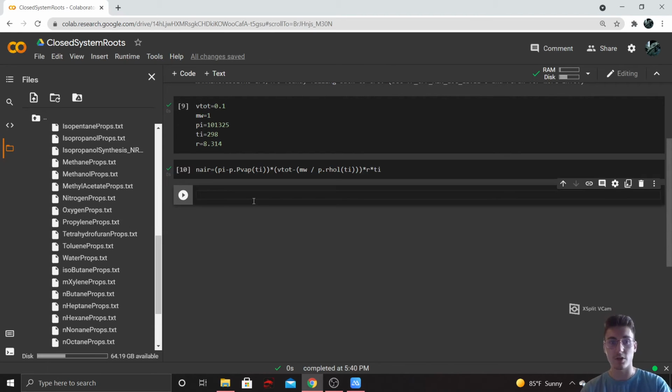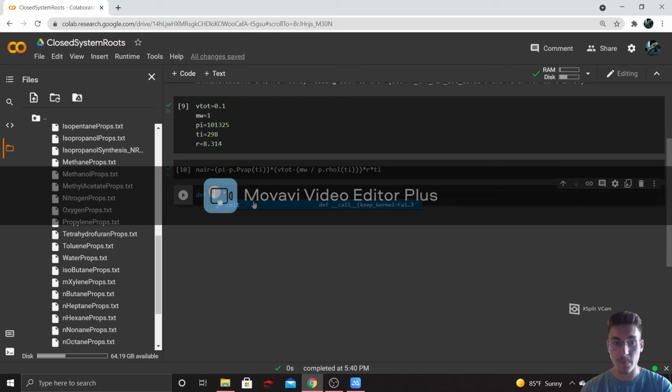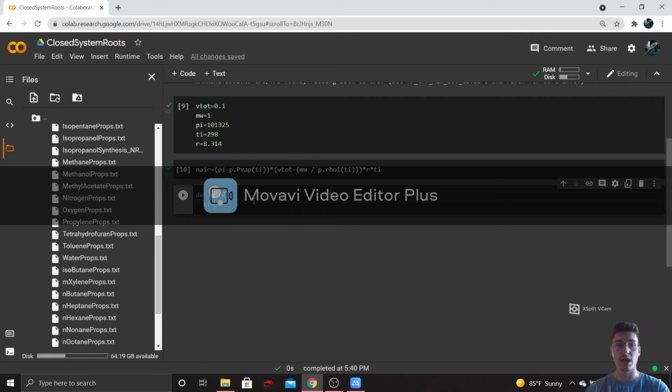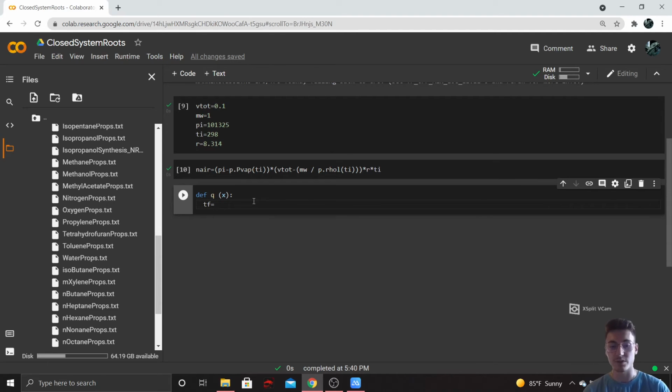So now what we can do is start writing a function that we can take the root of. So we define, and we can just call it any function, so we can just say function Q. We want to pass in one variable, we'll call it X. Now we want our final temperature to be equal to X. Since we are putting in the final temperature into the code itself and then solving for that, we need to set it equal to almost like a spacer, and we're going to be returning it as an array at the end.